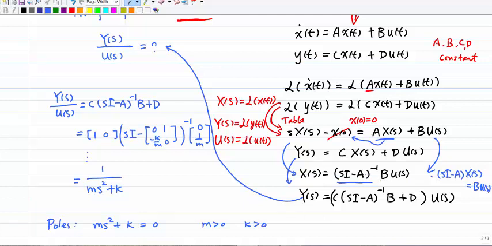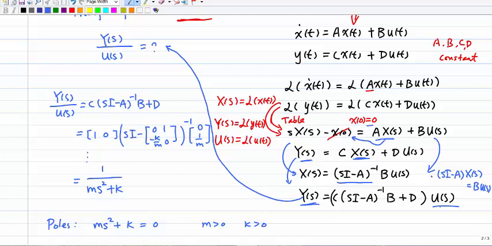Once I have X(s), I plug it into the solution for Y(s). So Y(s) is C times X(s), replacing X(s) with what we found: C (sI minus A) inverse B, and combining the terms, plus D times U(s). This is the relation between U(s) and Y(s) when the initial condition is 0.